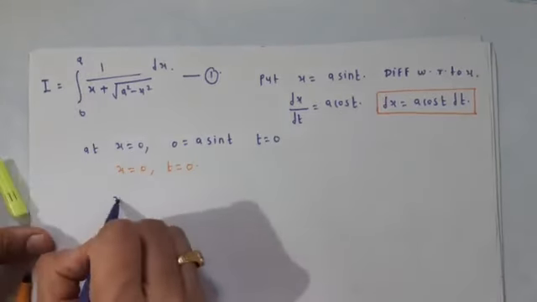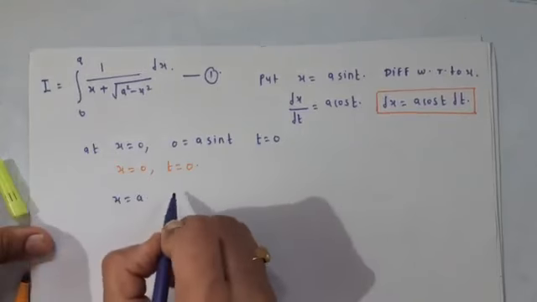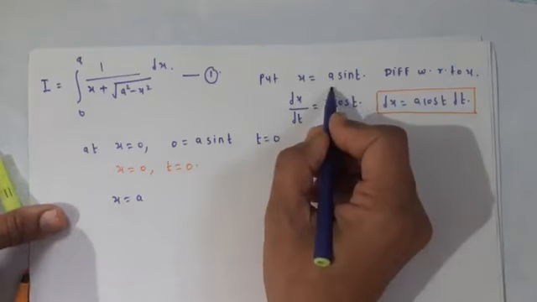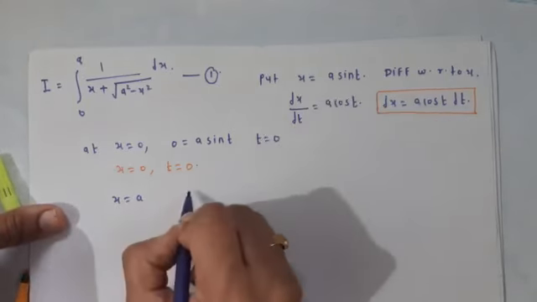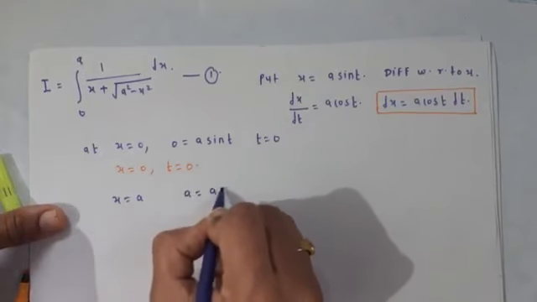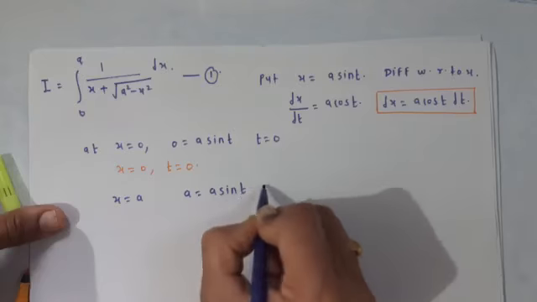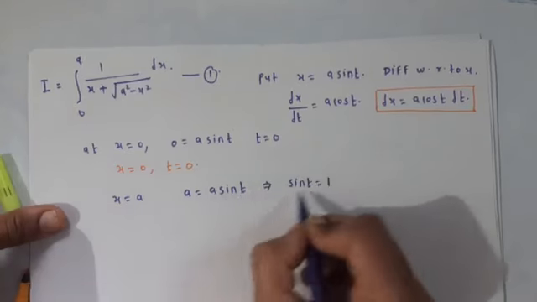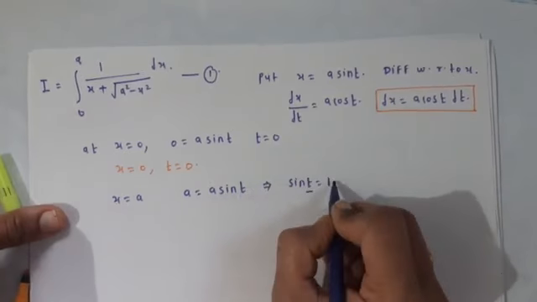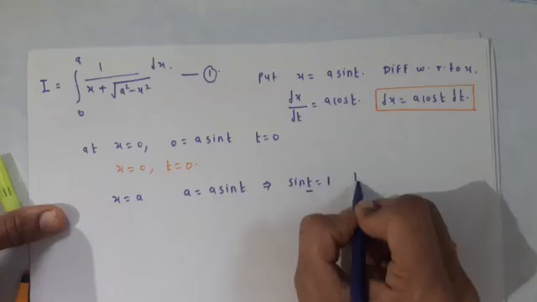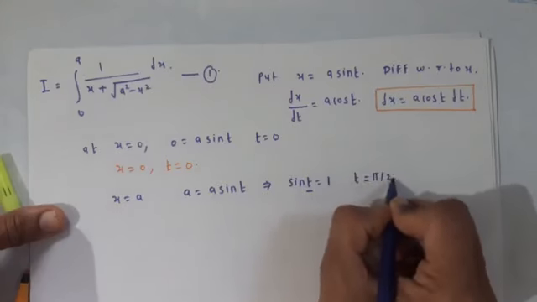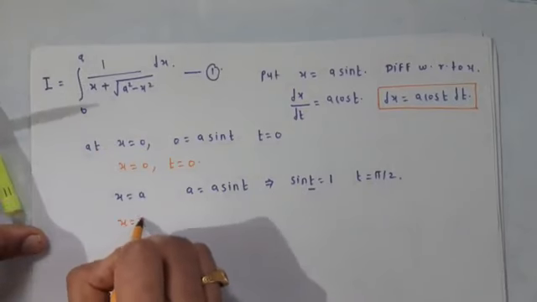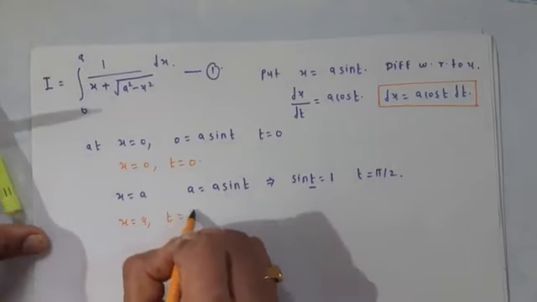Now at x equals a, put the value of x: a equals a sin t. This implies sin t equals 1, and therefore t equals sin inverse of 1, so t equals pi by 2. At x equals a, t equals pi by 2.